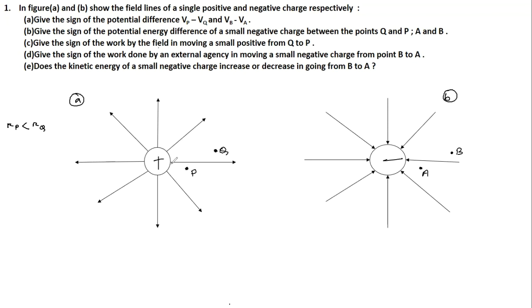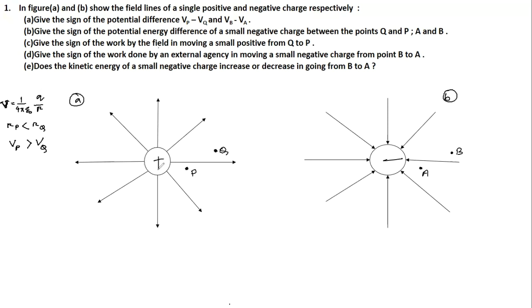Point P is at a much closer distance to the positive charge as compared to point Q. So definitely the potential at P will be greater than the potential at Q. If I make use of the equation 1 by 4 pi epsilon naught, Q by R, the potential depends on the magnitude of the charge and the distance.